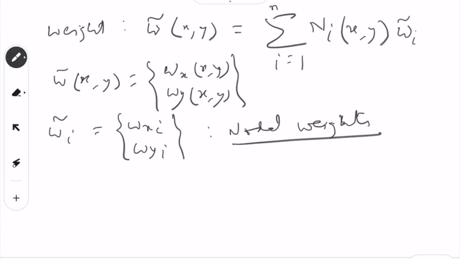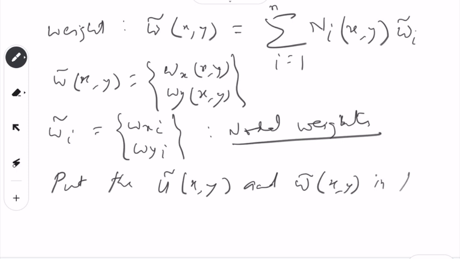So now put the u tilde(x,y) and w tilde(x,y) in the original weak function.